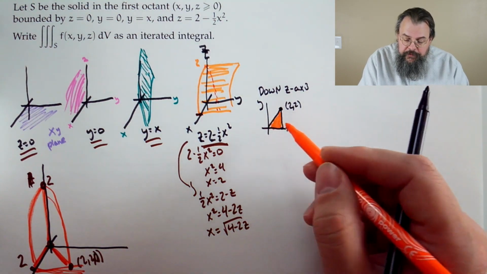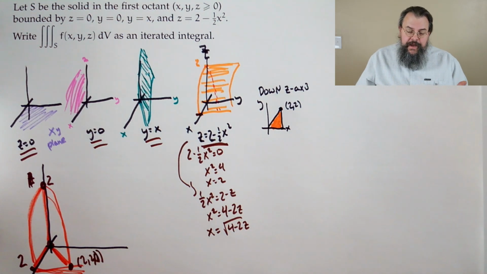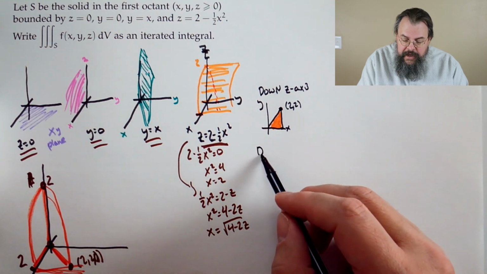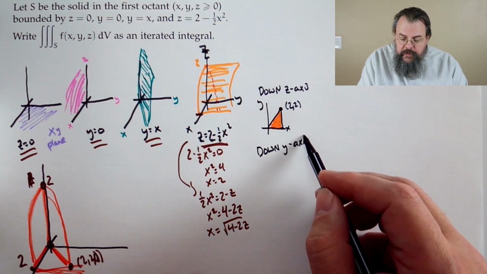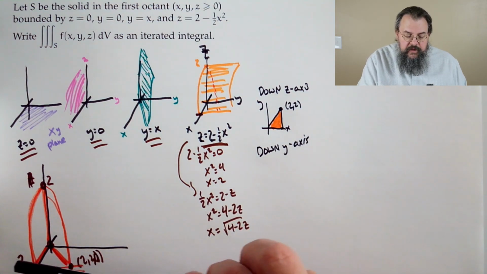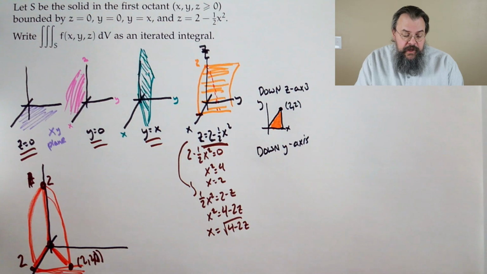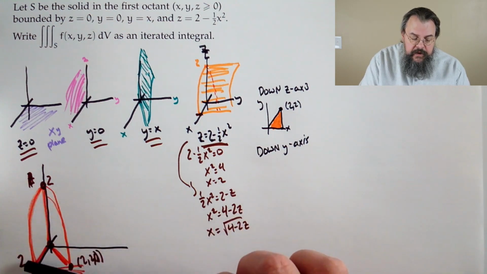That's what we see. Now, what if we look down a different axis? Well, suppose we look down the y-axis. Okay, now the y-axis, that's this axis here. When we look down, what do we see? Well, what we'll see is this shape right there.